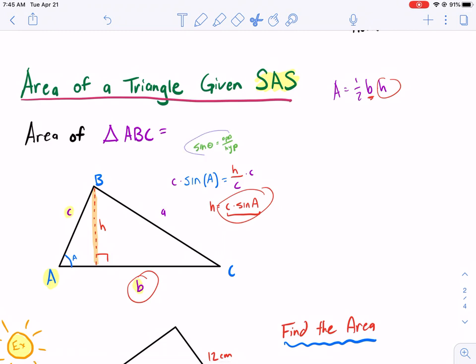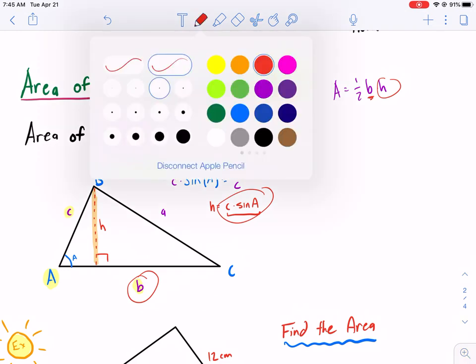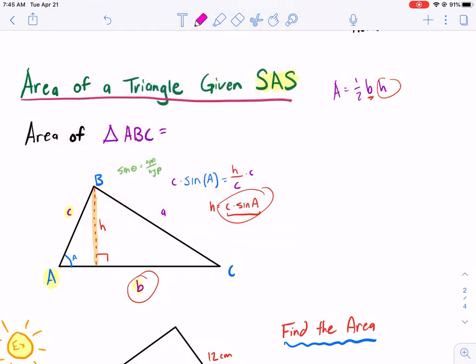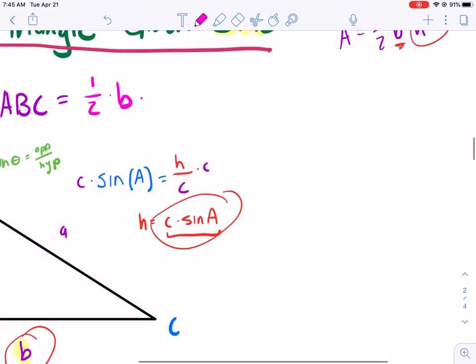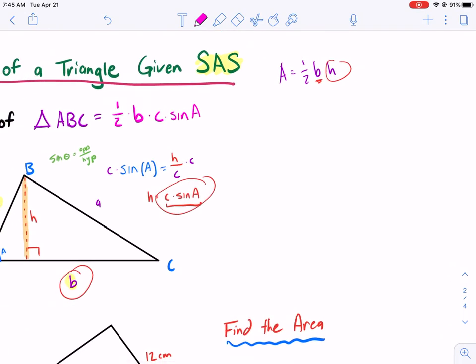So let me move this green actually out of the way. So now that I know these two pieces of information, I'm ready to write my equation, which I'll use pink. They'll stand out. So that's 1/2 my base, which I'm given in this case, side angle side, times, I'm just going to write this instead of H, C times sine of A. So 1/2 BC sine of A. And usually you'll see it written like this, just so you know that you're not going to be doing anything funky.